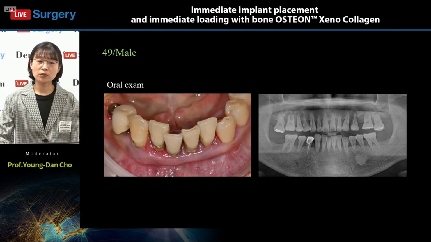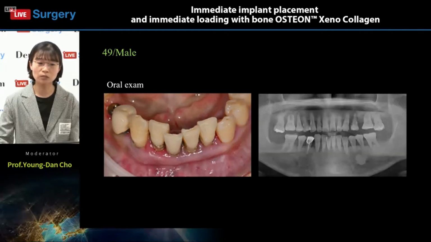Let's see the clinical photo and radiographs. We can see the calculus deposits on the lower anteriors, and the gum has inflammation, showing gingival redness and gingival recession. We can also check the severe bone loss all the way on the anteriors and also the posteriors.